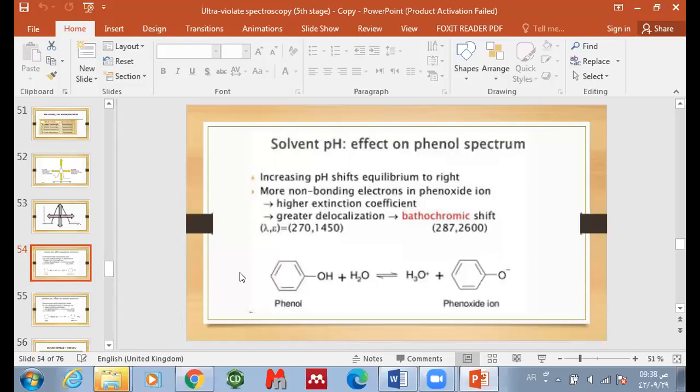So phenol is considered an acid. When a base is added, it will convert it to phenoxide ion, as shown in this equation. So this means shifting the reaction to the right side.